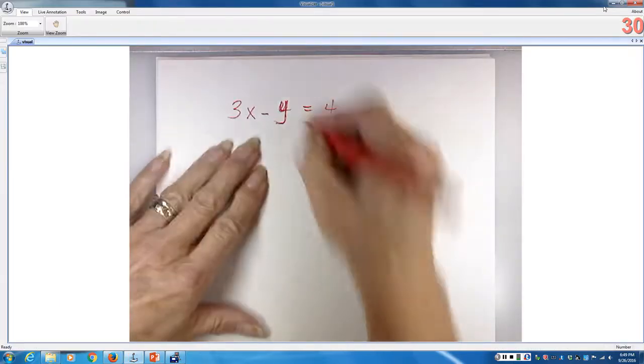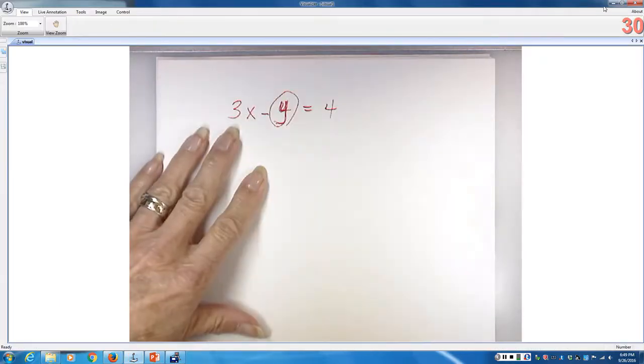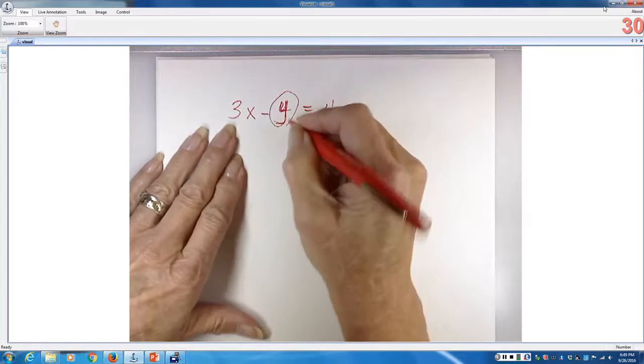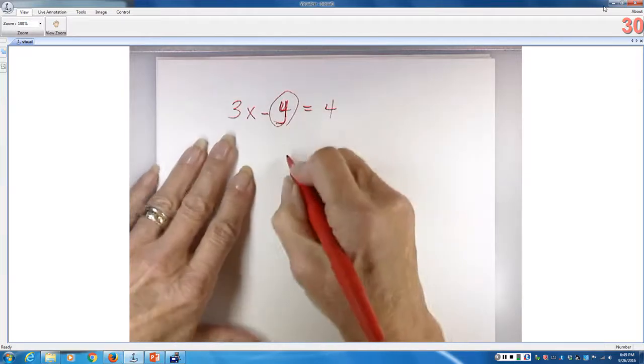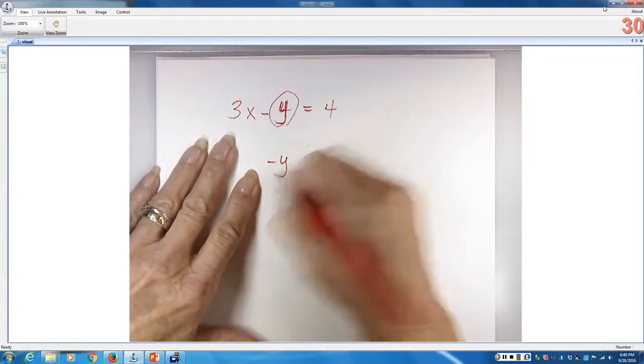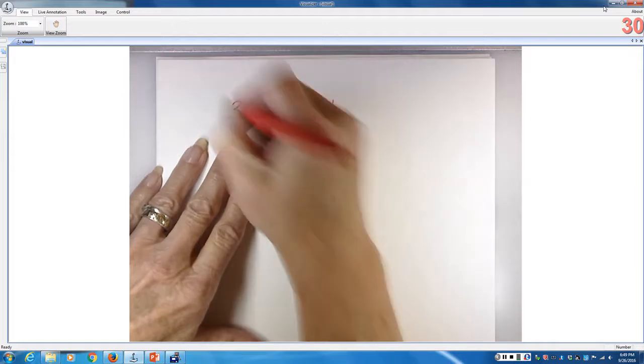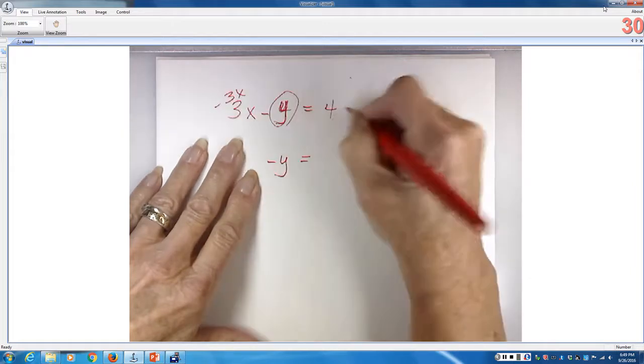What I'm going to do is solve this for y. Remember, I've got the negative of y, so I'm going to subtract this 3x from both sides.